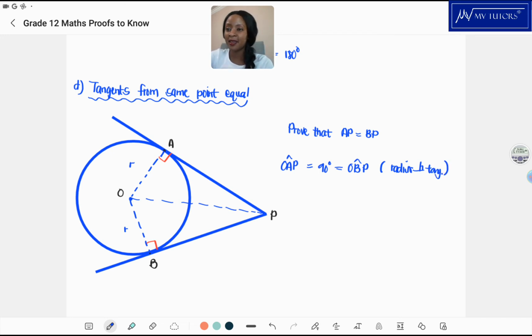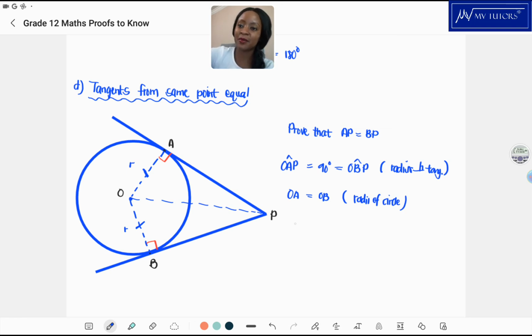Now what can we do then? We could say that OA is equal to OB because that's the radii of the circle. So I know those two are equal, and we have equal angles as well. And then I could say OP.